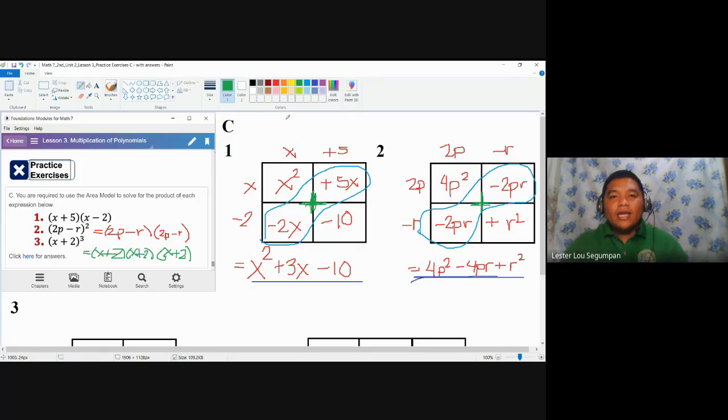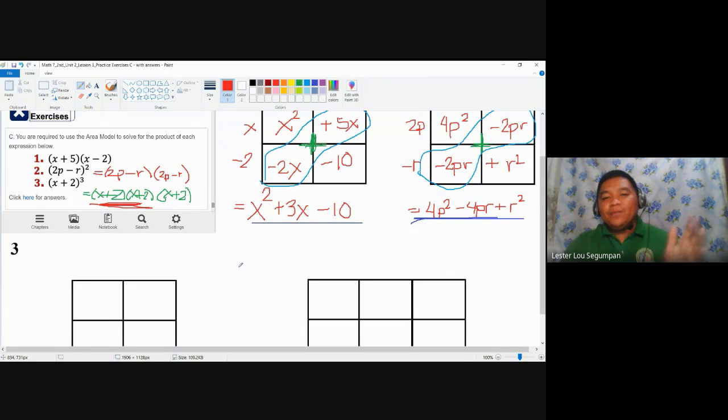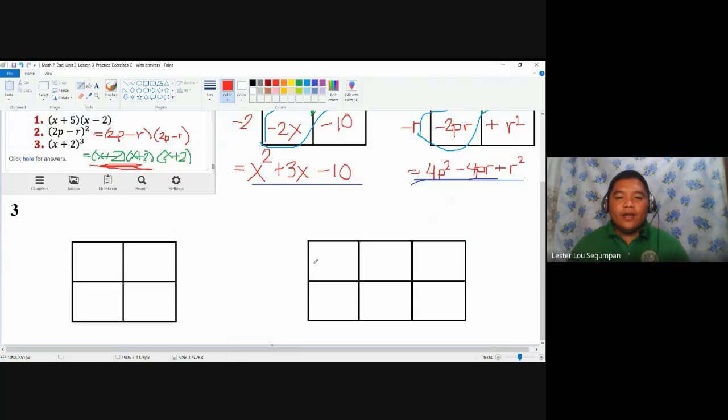My suggestion is to combine first the first two, and whatever the result of the two terms will be multiplied to the last. That is why I have prepared in advance two different types of area models. The first one is good for the pair. So you will have here x and then plus 2, and x plus 2 for the first pair.